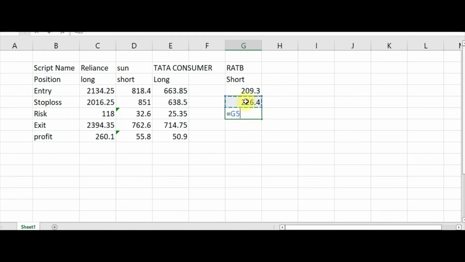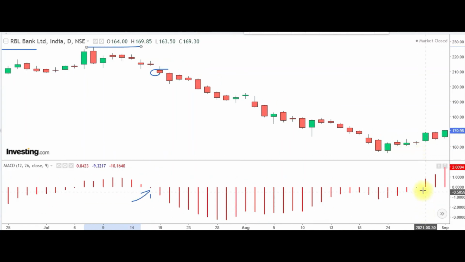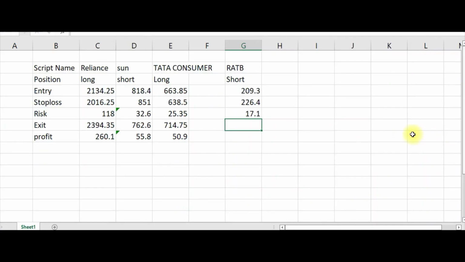So the risk would be stop loss minus entry, that is 17.1, and the exit would have been, say, if you had kept it till this bar crosses above the zero line. So this was the closing of this candle, 169.3. So here your entry minus your exit, your profit would have been 40 rupees in Ratnakar Bank.